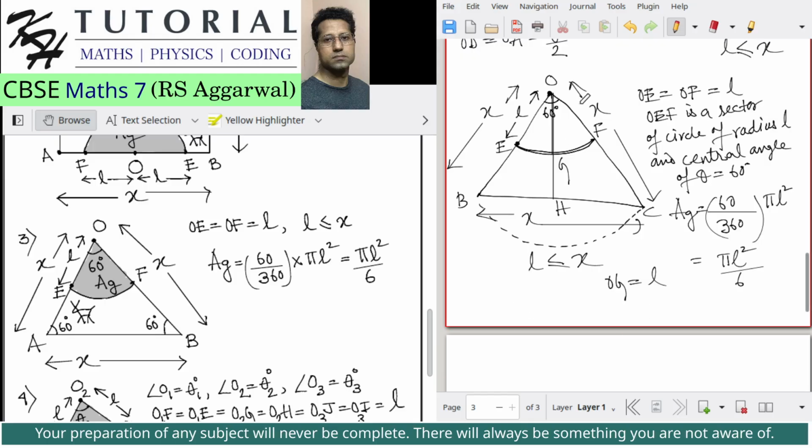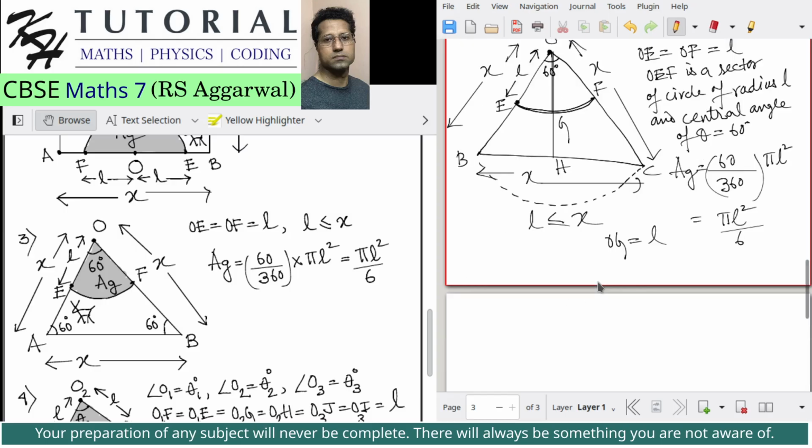So OH, we know what the height of an equilateral triangle of side length x is. The area of an equilateral triangle of side length x is √3 by 4 x square.